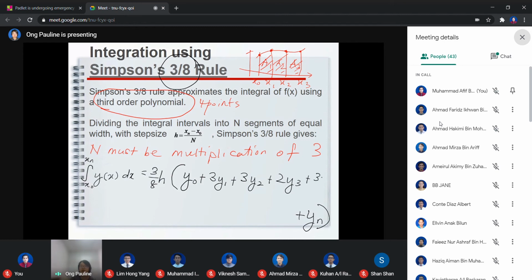So you have 3y4, 3y5, 2y6. Until you end up with, so this is the second last point, third last point, right?